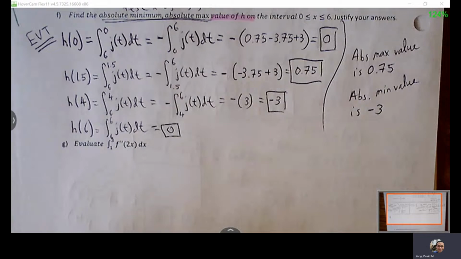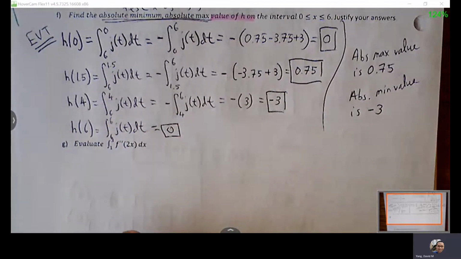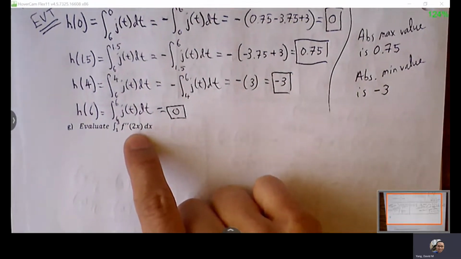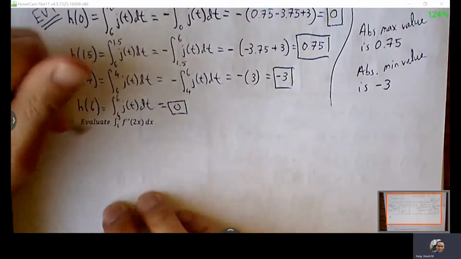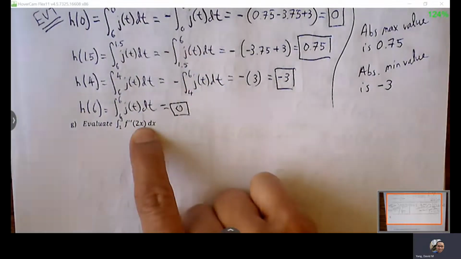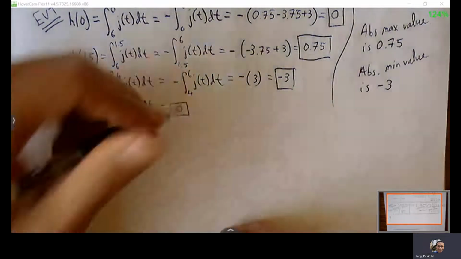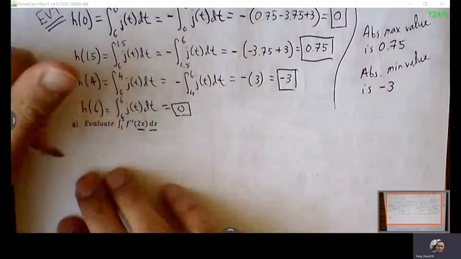Okay, part G here. Evaluate the definite integral from 1 to 3 of f double prime of 2x dx. This is a way that sometimes College Board uses function notation to get you to involve U substitution. So we know we don't have 2x available, so we need to get that 2x resolved. So we'll let the parentheses be the U value.